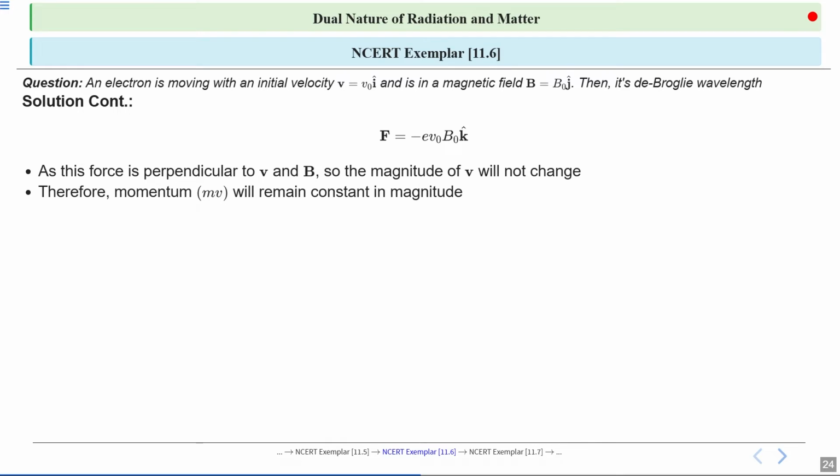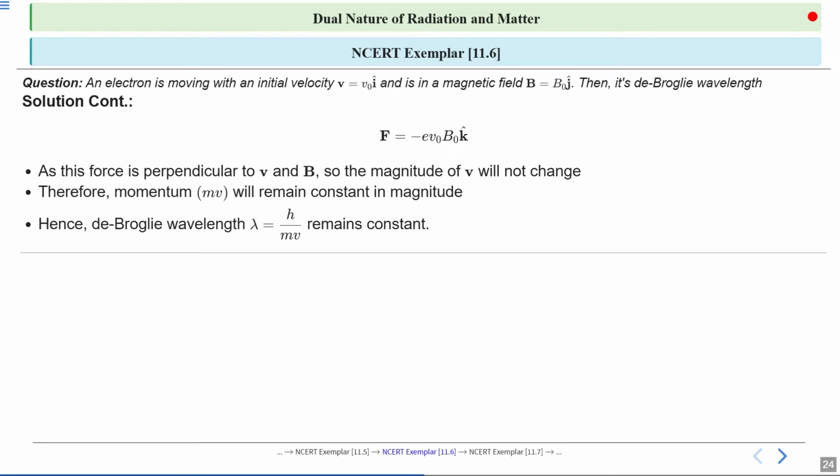Since the magnitude of velocity is not changing, the speed of the electron doesn't change. The magnitude of its momentum, mass times velocity, also stays constant. Only the direction of momentum changes, not its magnitude.